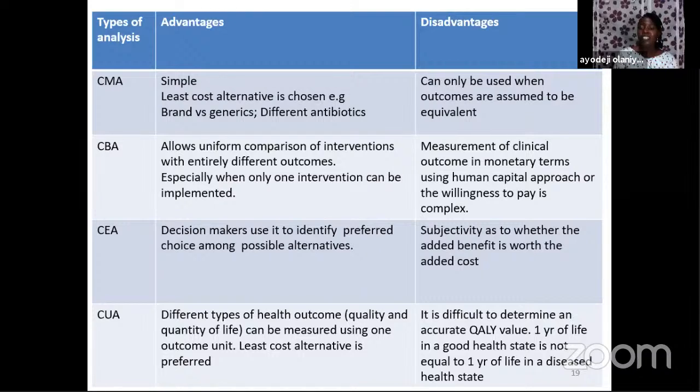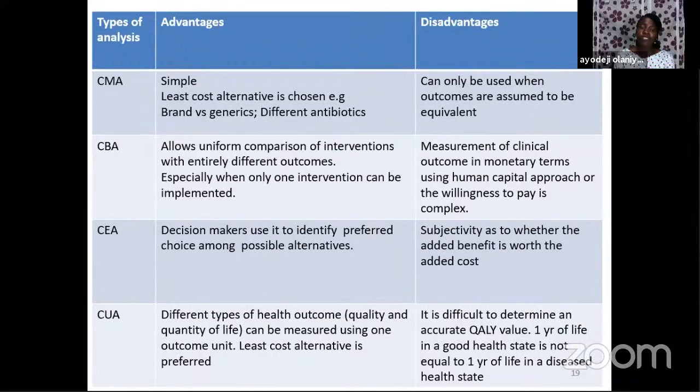But the subjectivity as to whether the added benefit is worth the added cost is a disadvantage. Like we saw in that calculation, 100 naira per milligram per dL reduction in low density lipoprotein. Is it really worth it? The added benefit, is it worth the added cost? So that one is subjective and is a disadvantage for the cost effectiveness analysis, CEA.